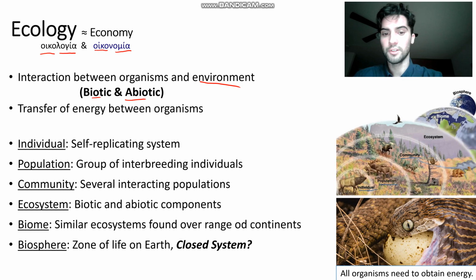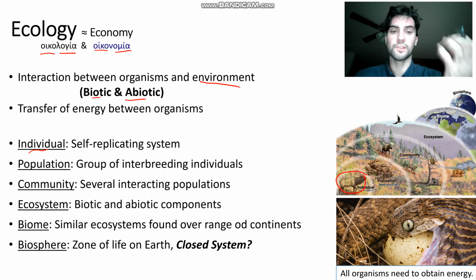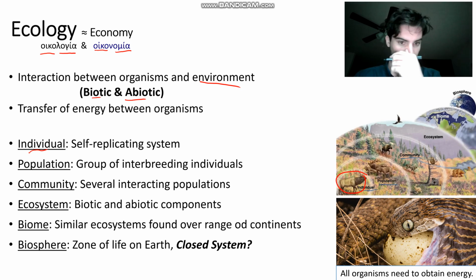So in ecology we start with the individual. One piece of DNA that can reproduce itself, be it a deer, a human, a cat, a plant, that's an individual, right?